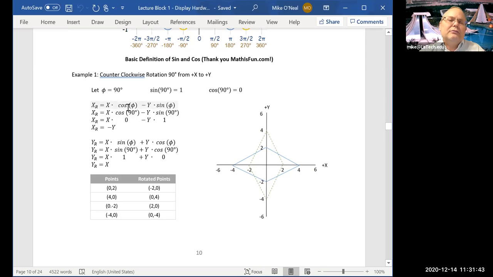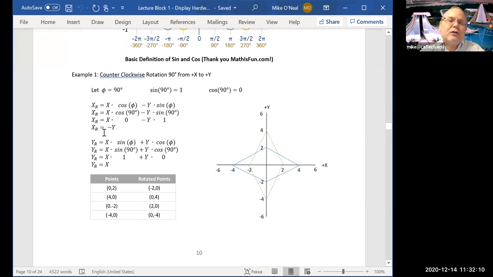So cosine of phi is 0. In this case, the x component goes away. The cosine of 90 degrees is 0, so the x goes away when you're computing x rotated. And since sine of 90 degrees is 1, you get x times 0 minus y times 1.